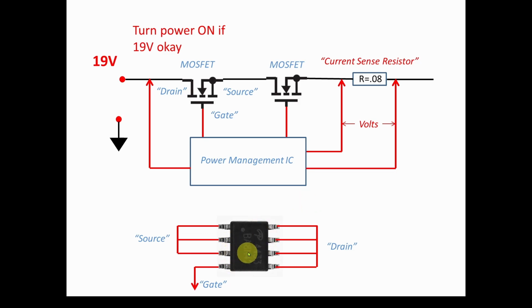Now, one more thing about these MOSFETs. Here is a typical MOSFET, and it's got 8 pins. Here we just show 3 pins, what's called a gate, a drain, and a source. But keep in mind, these MOSFETs can be carrying lots of current. Often for a laptop, it might be 3 to 5 amps.